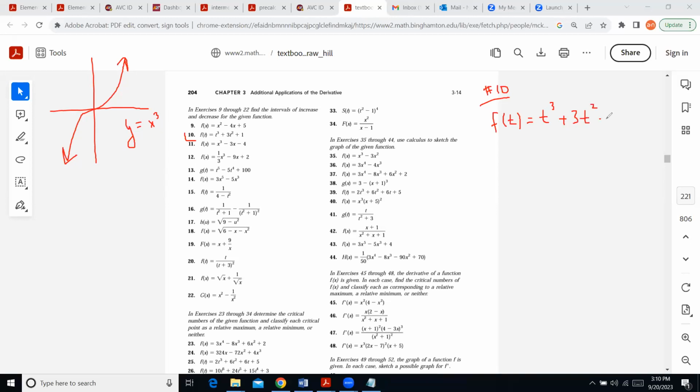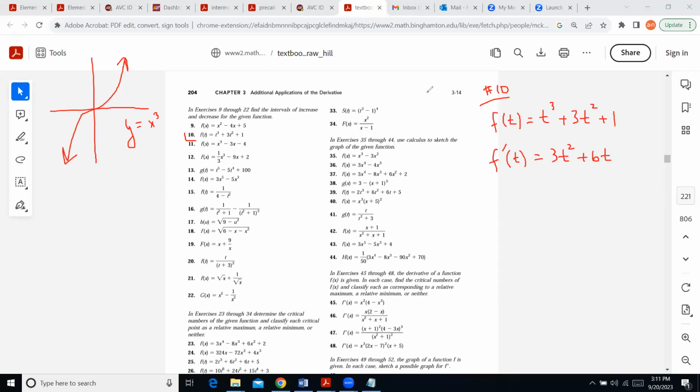So we're going to take the derivative, so it'll be f prime. For t cubed, 3 goes down and t squared stays with us, right? And the next one is going to be t squared. So 2 will be multiplied by 3, giving me 6, and a t with it.